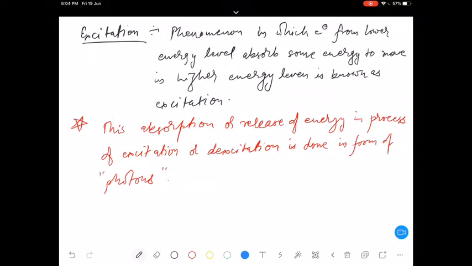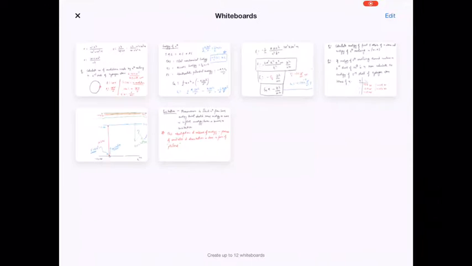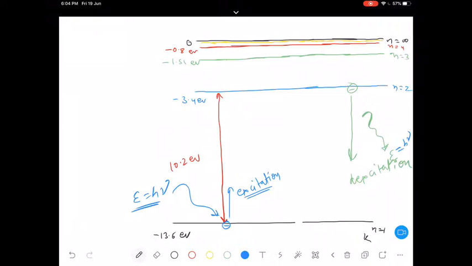Here I would like to take one more thing: this energy difference, just think about it. At the time when de-excitation takes place, this energy difference will be equal to the energy of the photon, or not?